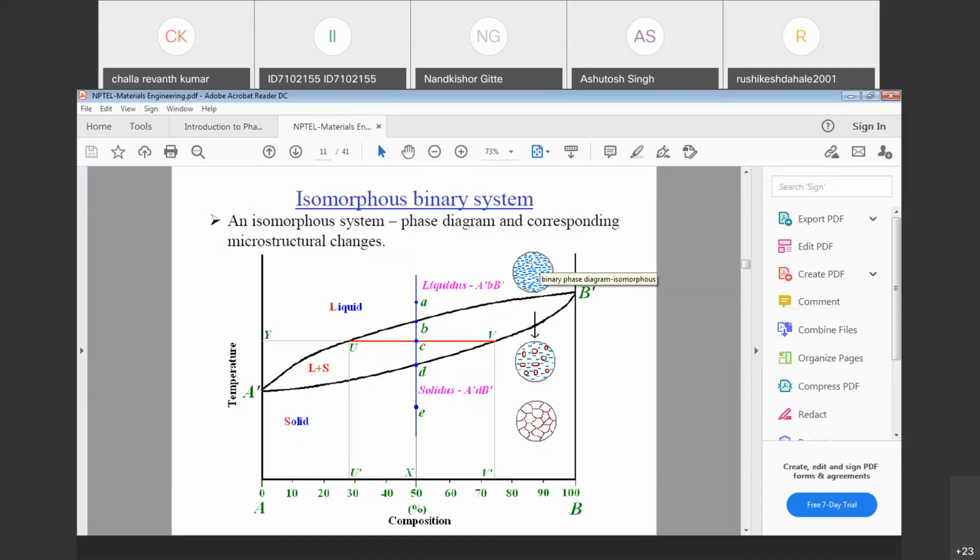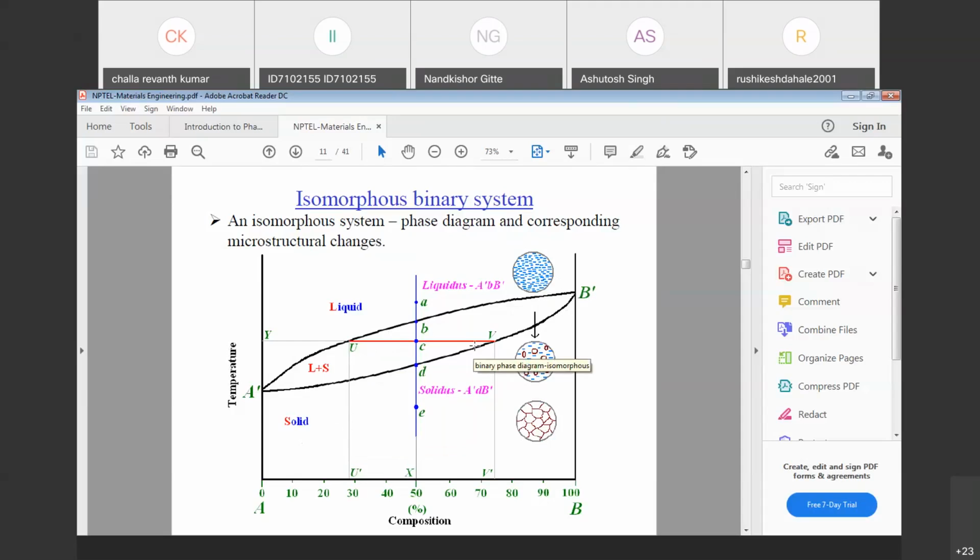Here in the liquid phase, there is no bonding from one particle to another. But here, a solid bond is formed between the particles. So you can see how the transformation from liquid to liquid plus solid, then solid, is happening, and also how the microstructure has changed due to the phase changes.